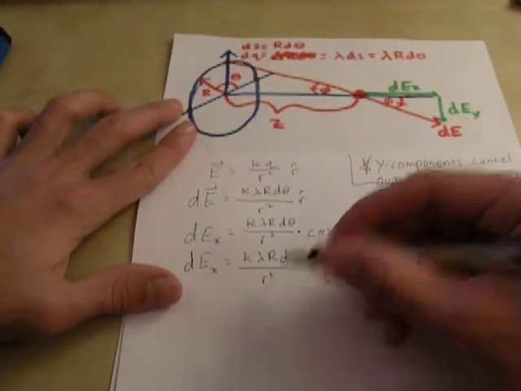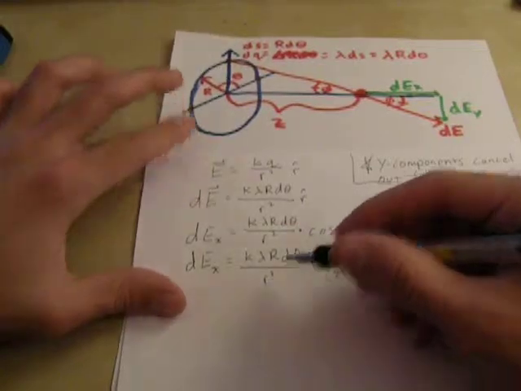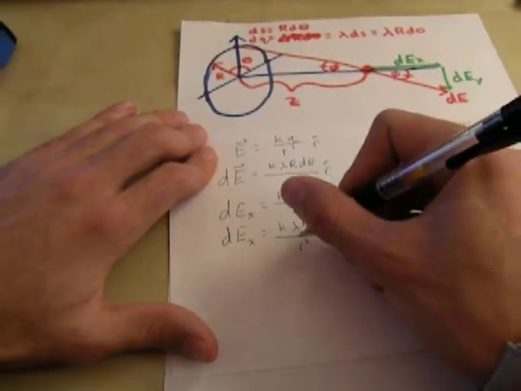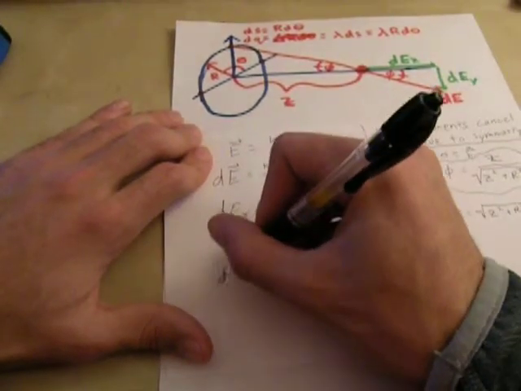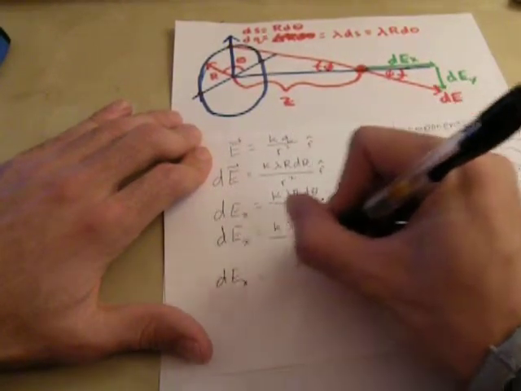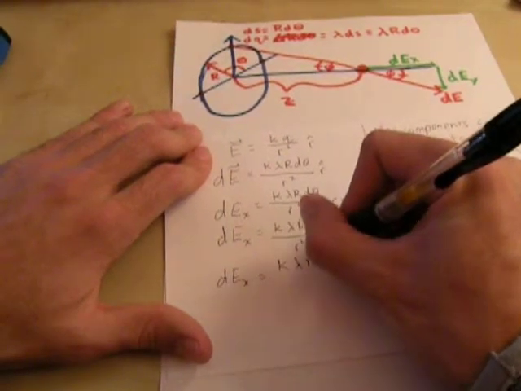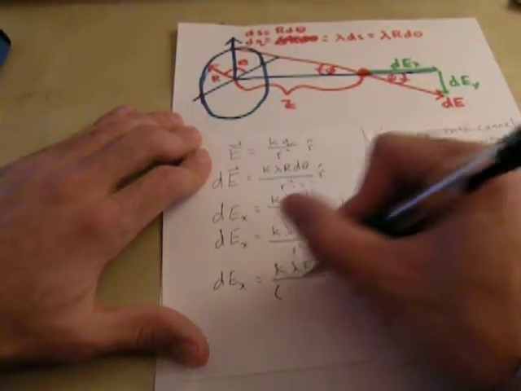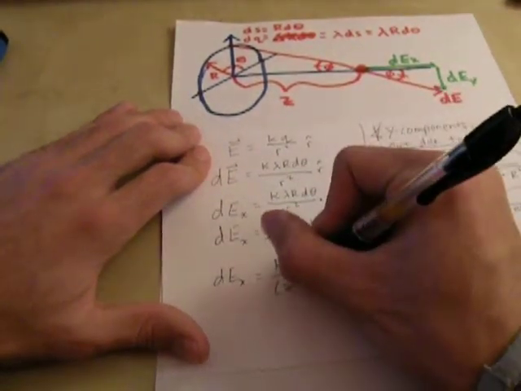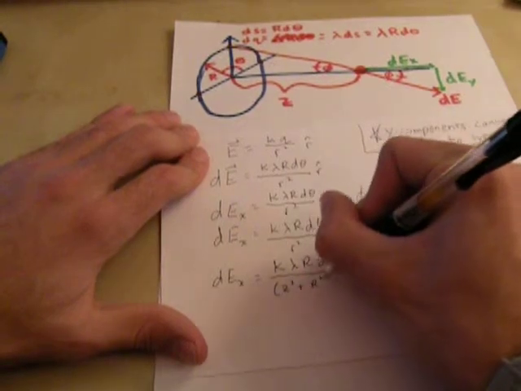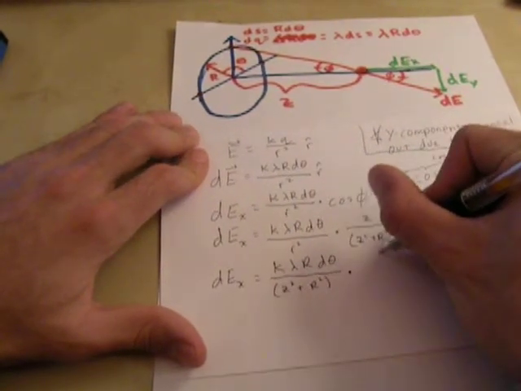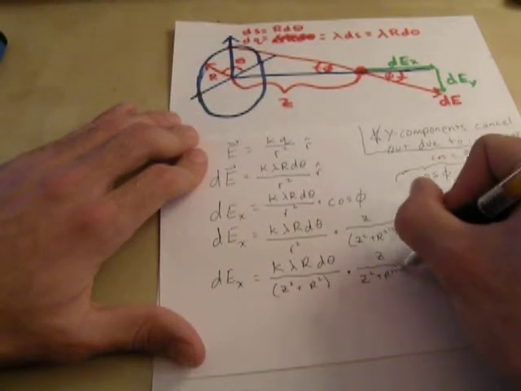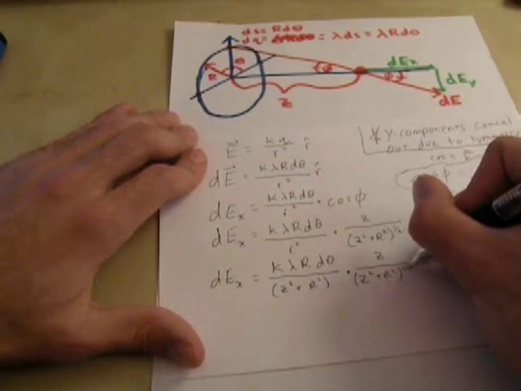Because right here, r squared, we can simply state that dEx is equal to k lambda r d theta over z squared plus r squared times z over z squared plus r squared to the 1/2 power.